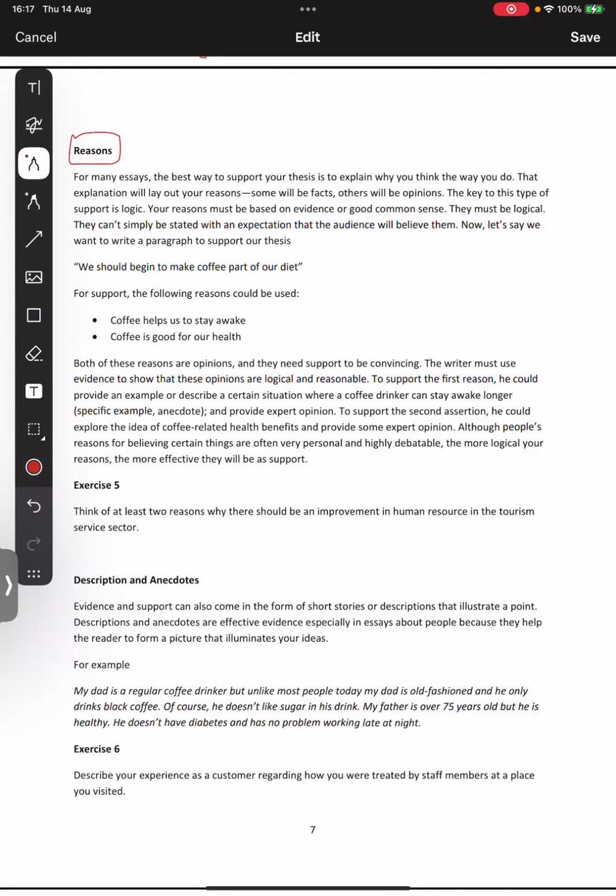Okay, so every time we use this word because, or a similar term, we connect two sentences together, okay? This sentence here becomes the reason. This sentence here becomes a claim.